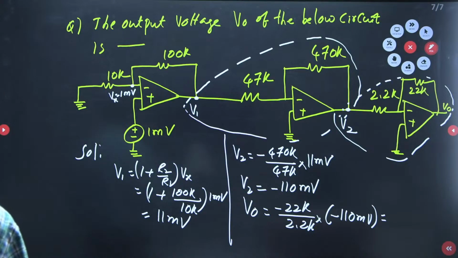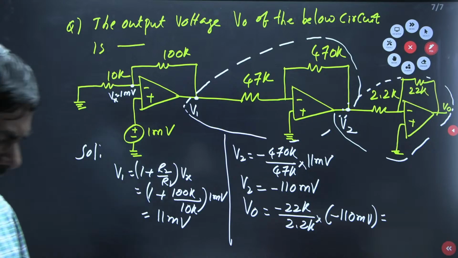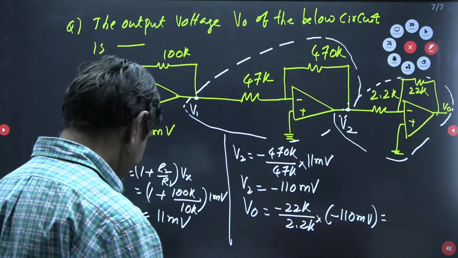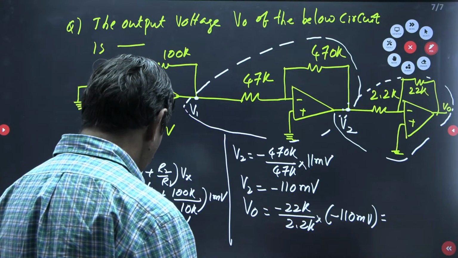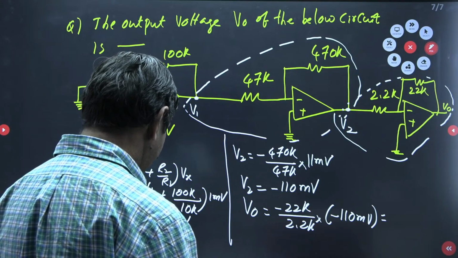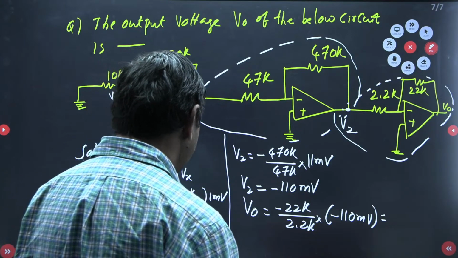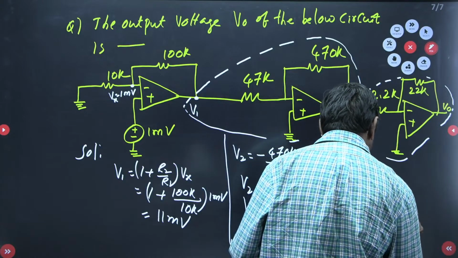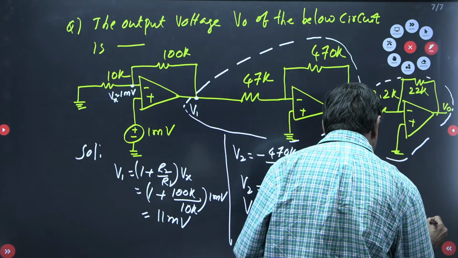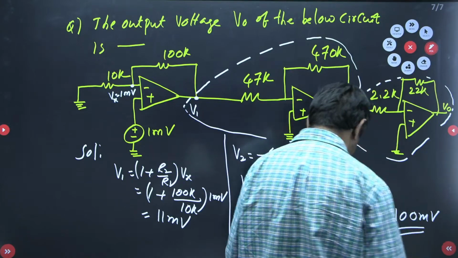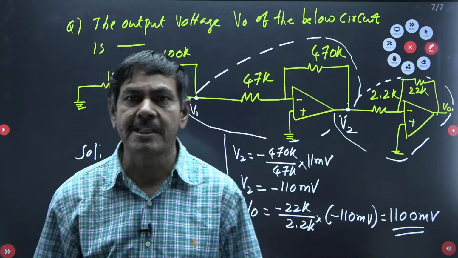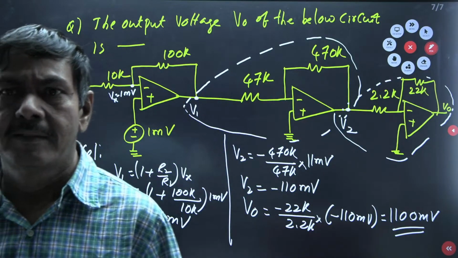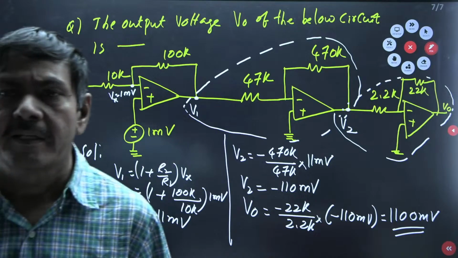It comes as 22K by 2.2K times minus 110 into 10 power minus 3. It comes as 1100 millivolts here. That much voltage it comes. That answer is possible. Please check it. Can you check, Hari Harshodan?